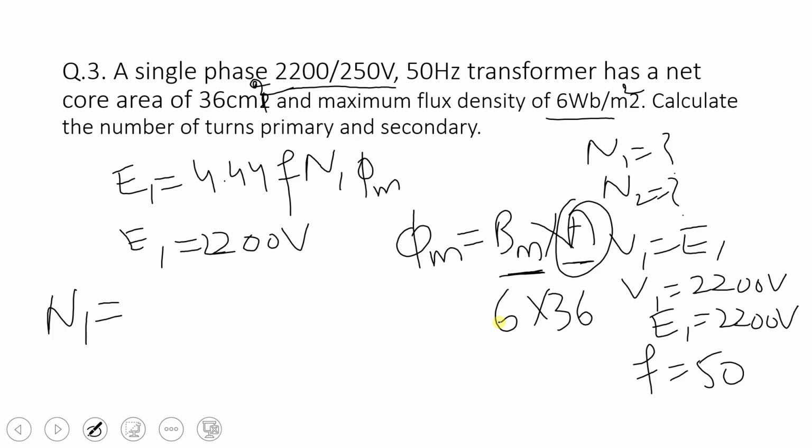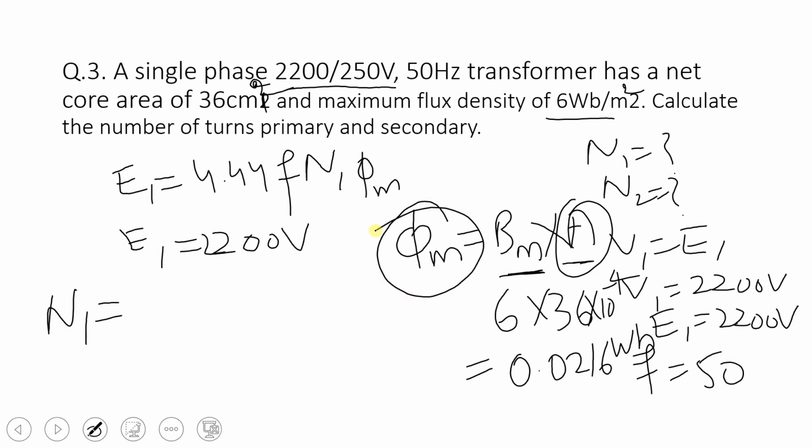When we convert centimeters into meters, we can write it as 10 raised to power minus 4. So when we solve this, it will become 0.0216 Weber. So this is phi max. From area and maximum flux density, according to the formula, we put the values in.